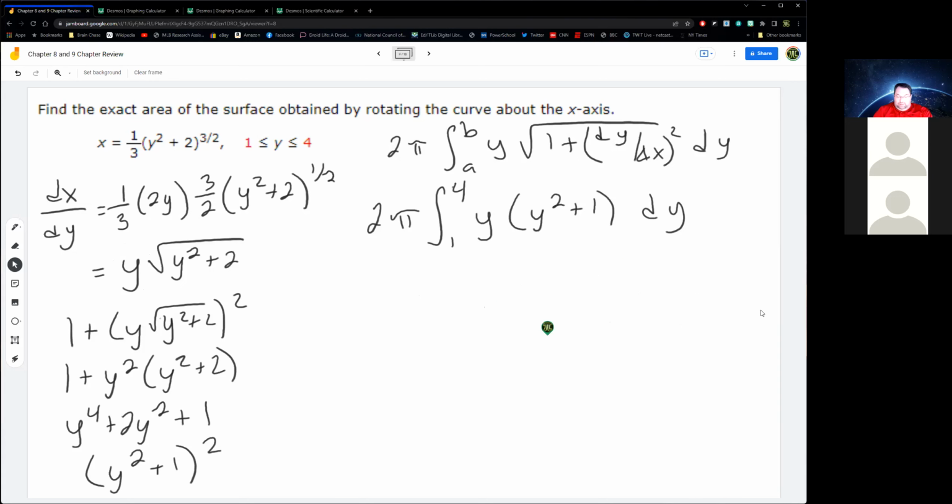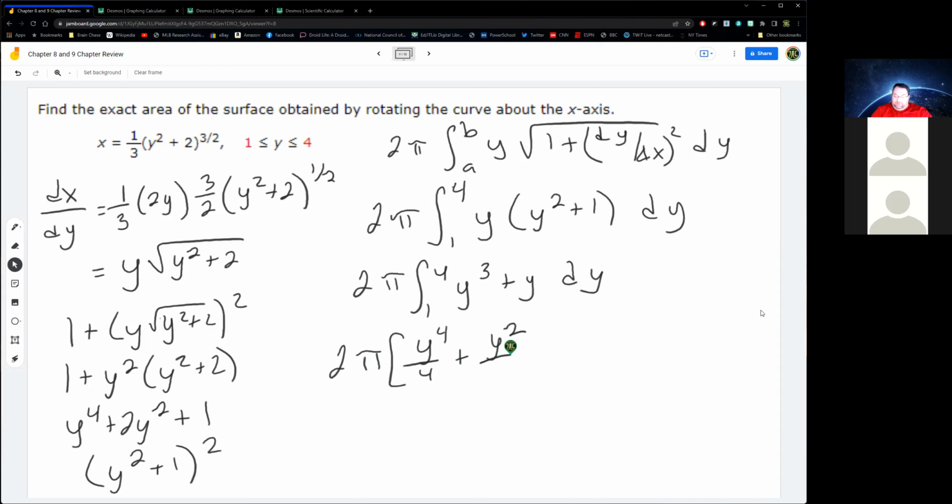All right. So the y up front, that's still my radius. My square root was just the square root of y squared plus 1 squared, so that's just y squared plus 1. So I can multiply this out and then do my integral. So I have y to the third plus y dy. So 2 pi times y to the fourth over 4 plus y squared over 2, and we're evaluating it from 1 to 4.